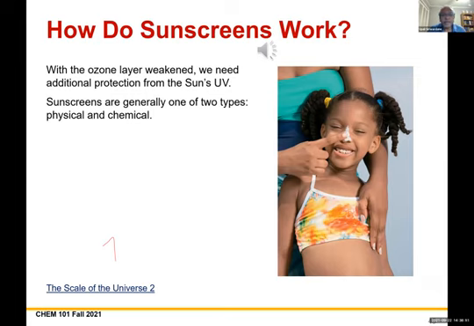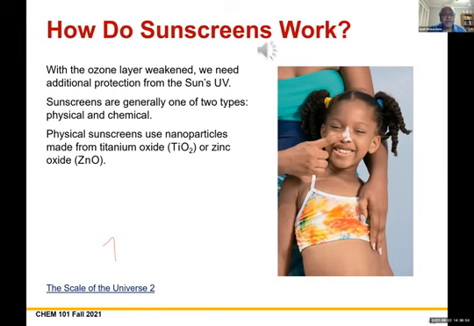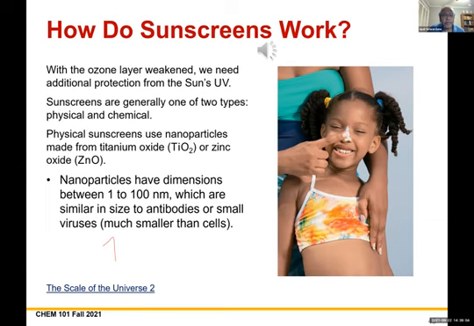But physical sunscreens are nanoparticles made from titanium oxide and zinc oxide. They absorb UV radiation. Nanoparticles have dimensions between 1 to 100 nanometers, which are similar to the size of antibodies or small viruses, much smaller than cells.